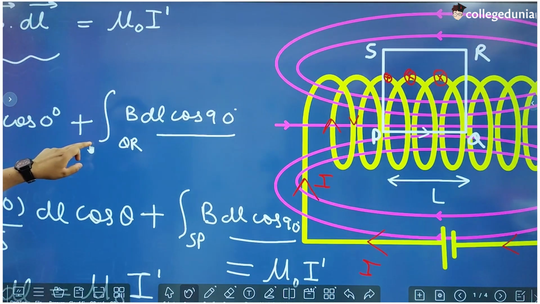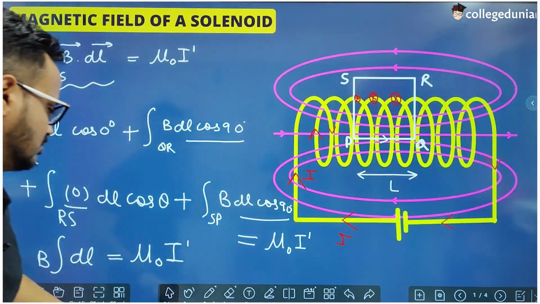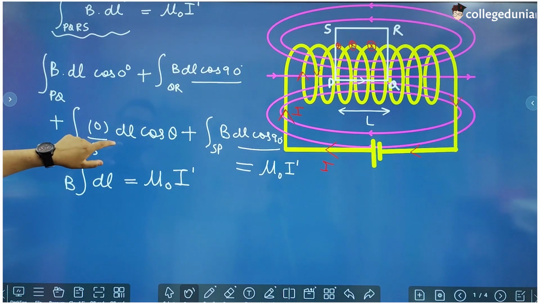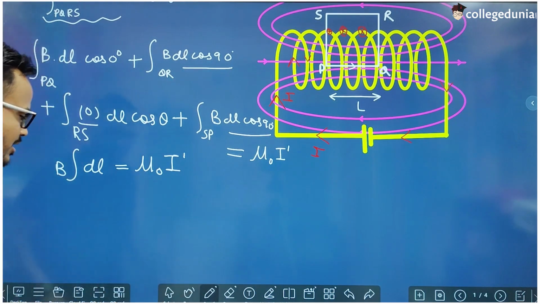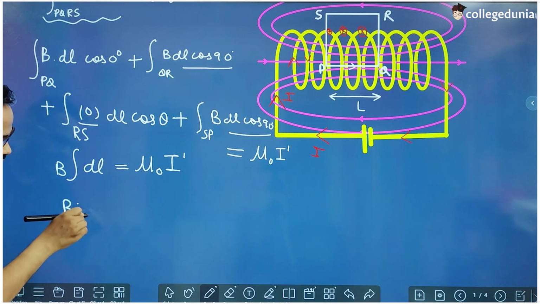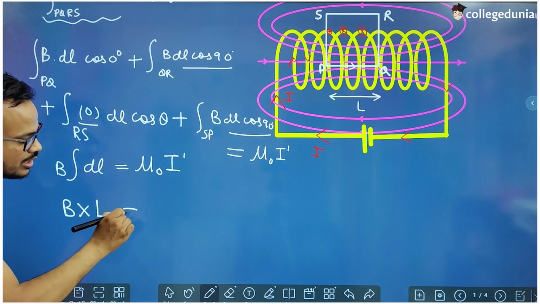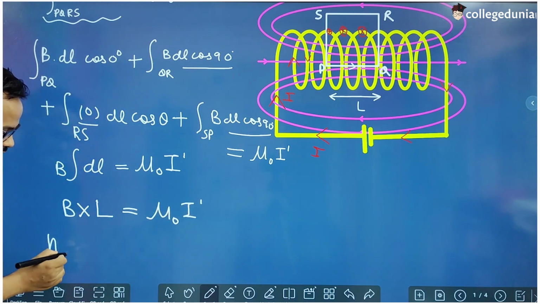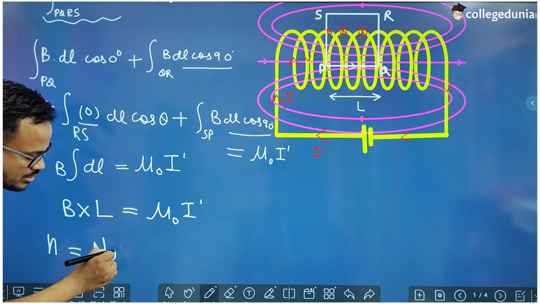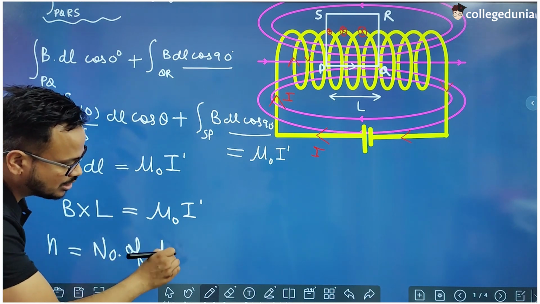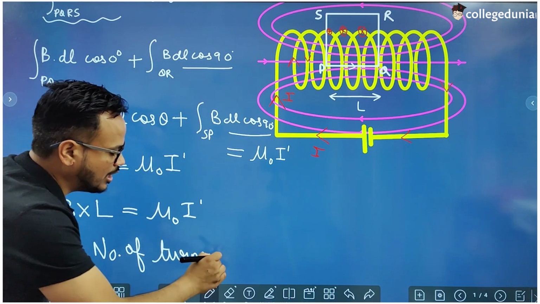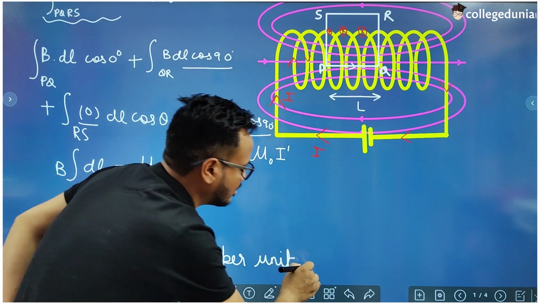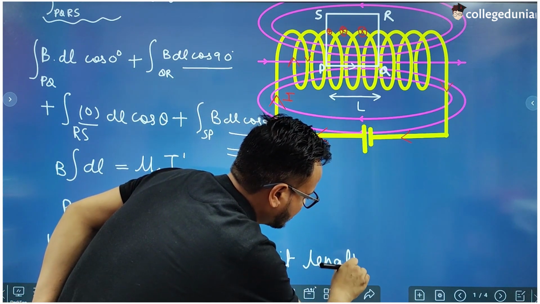Obviously the integral of dl is L. So we can write it as B into L equals mu naught into I dash. Now n is the number of turns per unit length, not the total number of turns.